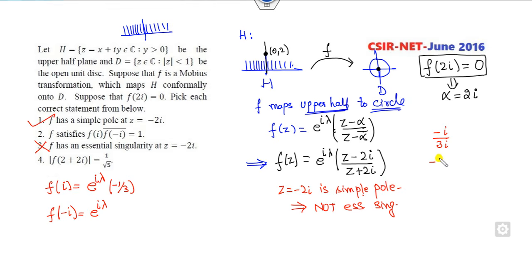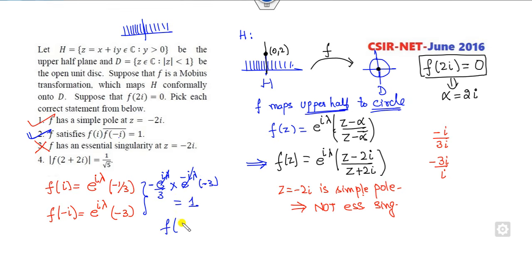If I substitute minus iota, it's minus of 3 iota divided by iota, which is minus of 3. Now you can substitute here. So e raised to power iota minus 3 into the complex conjugate of this. The complex conjugate is minus 3, so minus minus cancels. 3 by 3 is 1, which is the right answer.